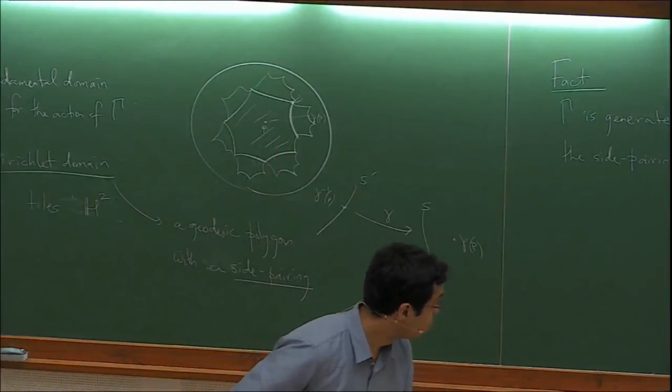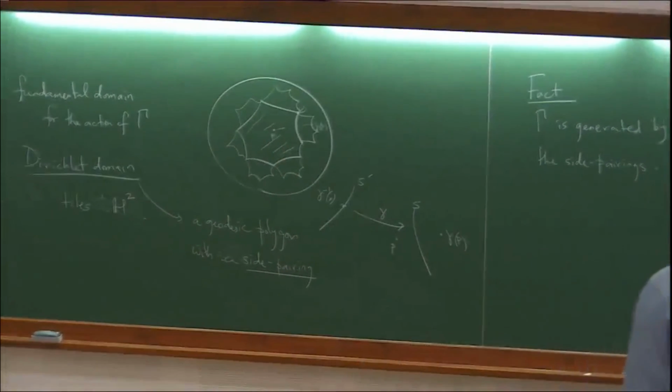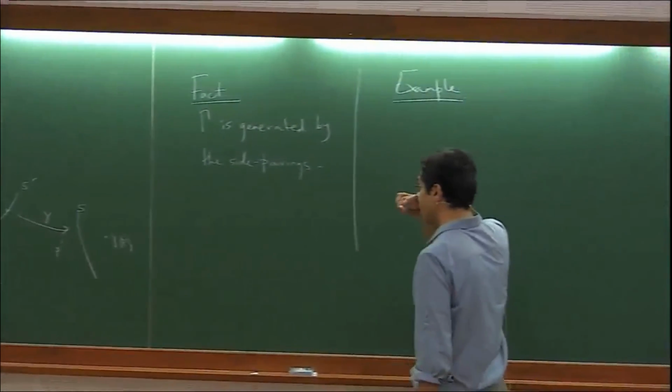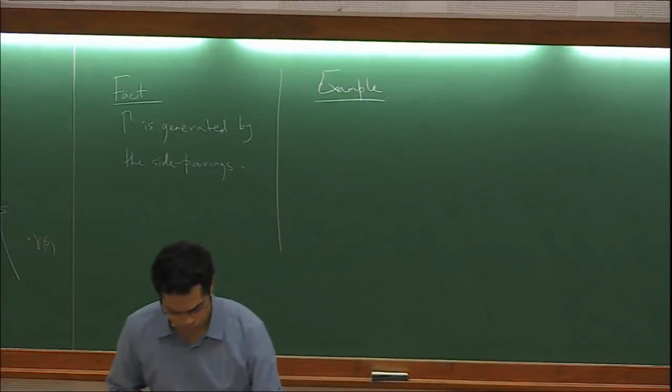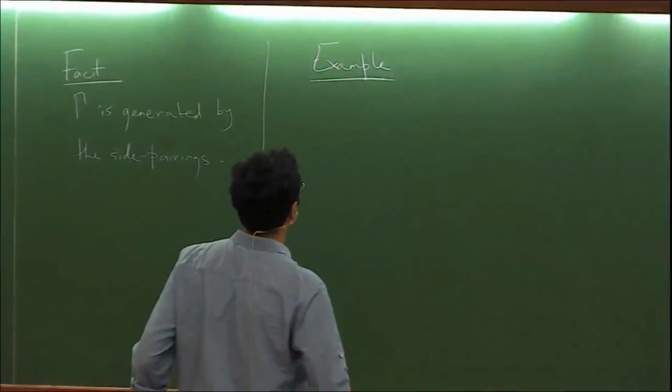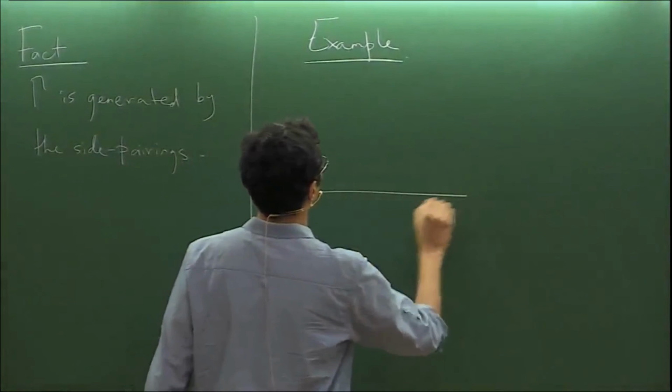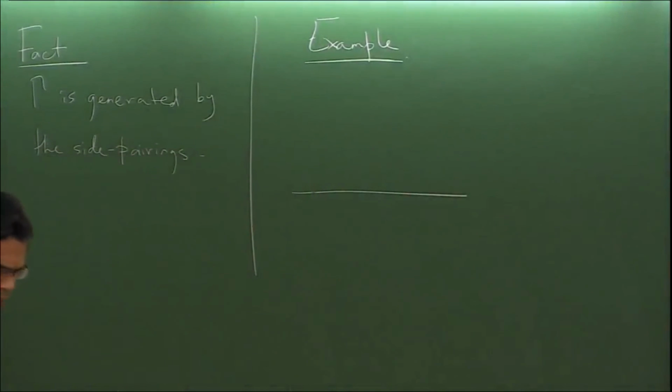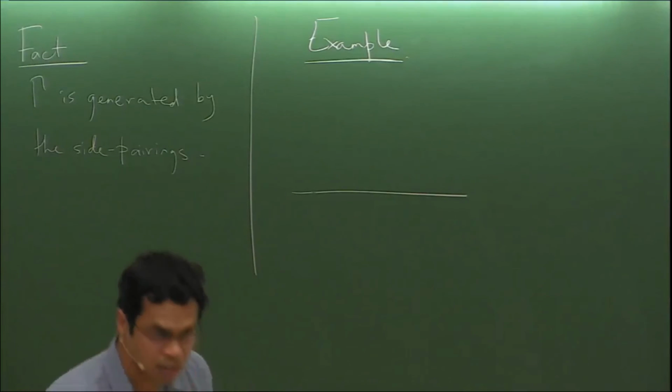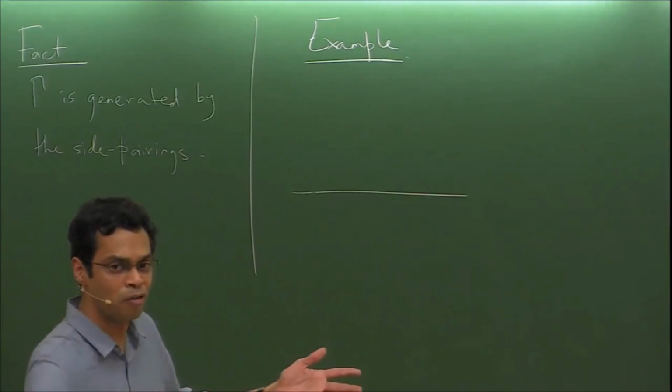Right, so now let me look at another example, which I'll revisit in this lecture again and again. I'm going to start with a polygon and build the Fuchsian group out of it.